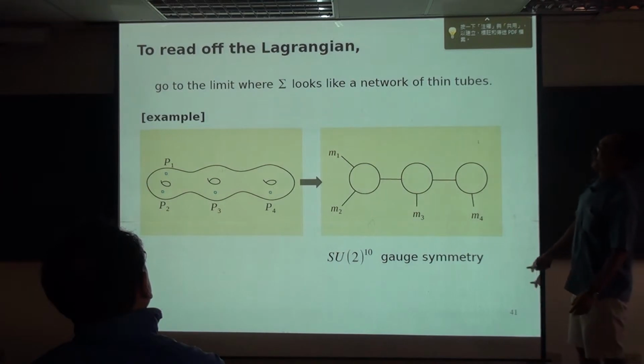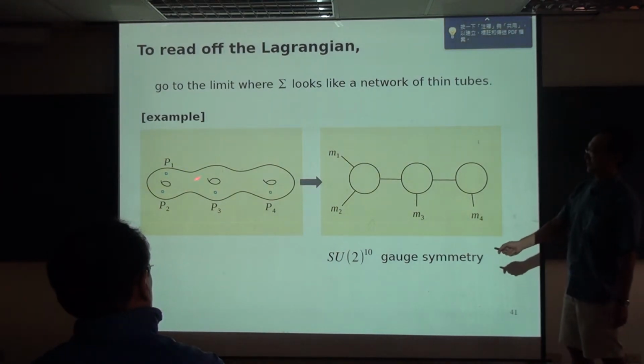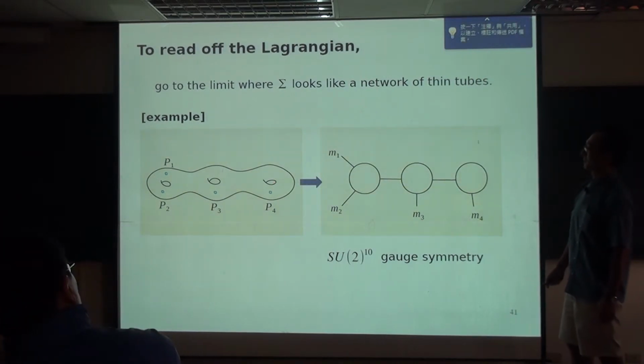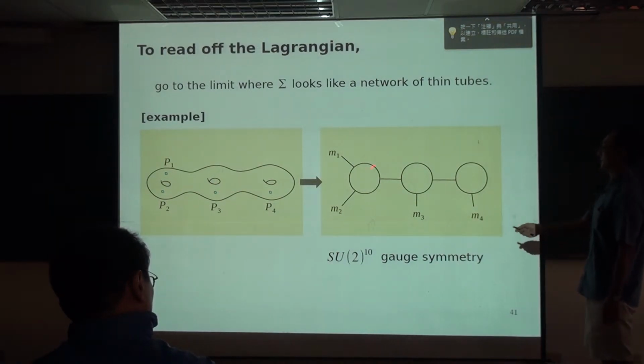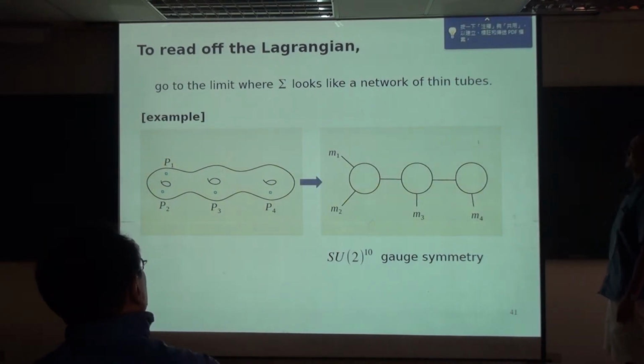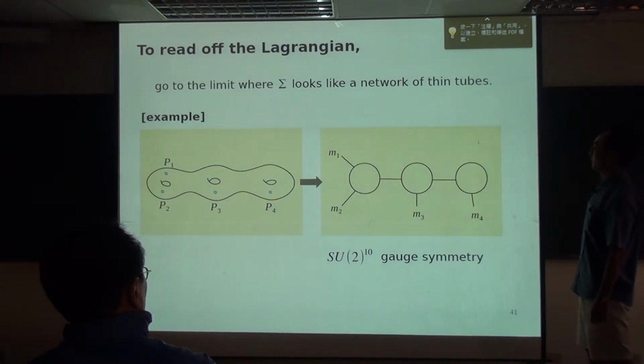Gaiotto also gave a way to read off the Lagrangian given this general Riemann surface. The way is as follows. Starting from this general Riemann surface, we can shrink this smooth shape into something like this: a structure made of tubes and trivalent vertices. This turns out to be a very weak coupling limit of the gauge theory, and once this has been done, we can easily read off the Lagrangian.